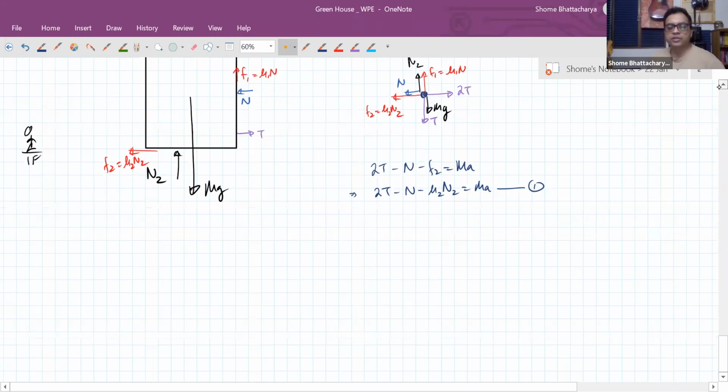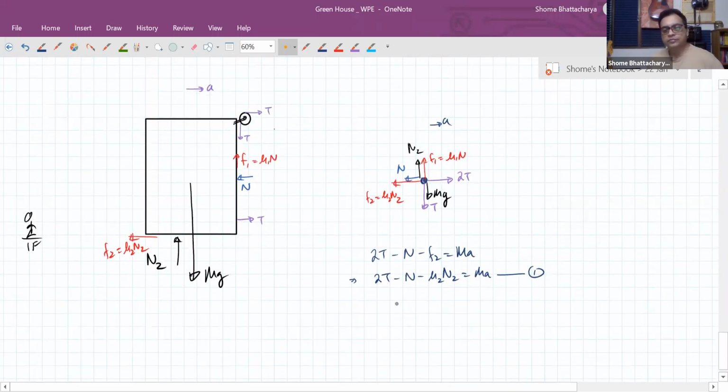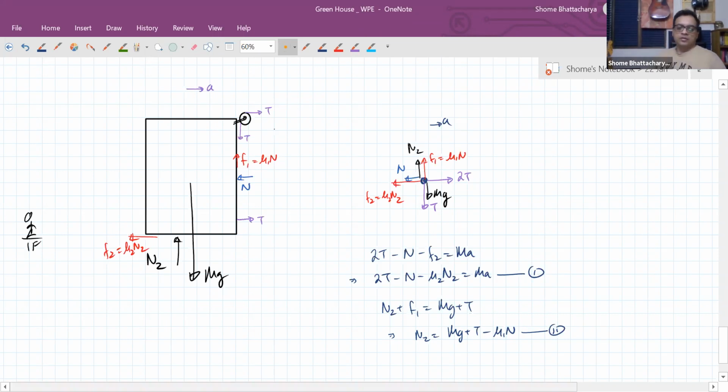So let's write that equation. N2 plus F1 is balancing capital Mg plus T. So N2 we should be getting as Mg plus T minus mu1 N. That's our second equation. Okay. So these two equations we are getting from here. Now similarly, write this down.